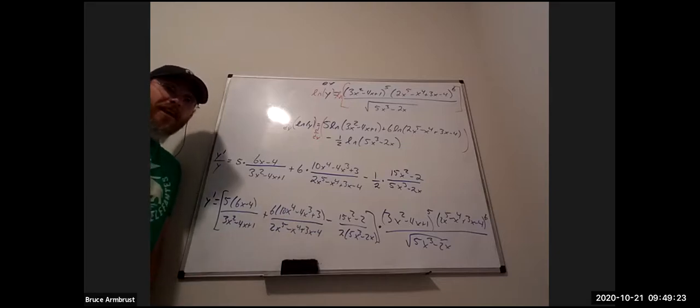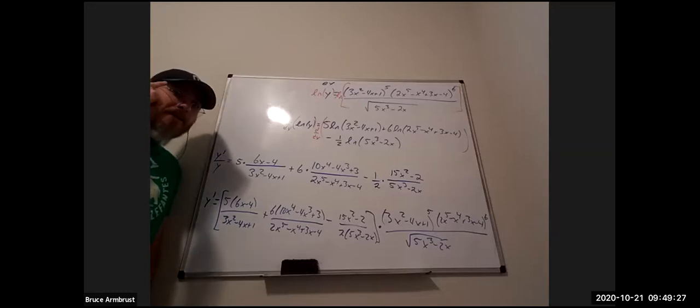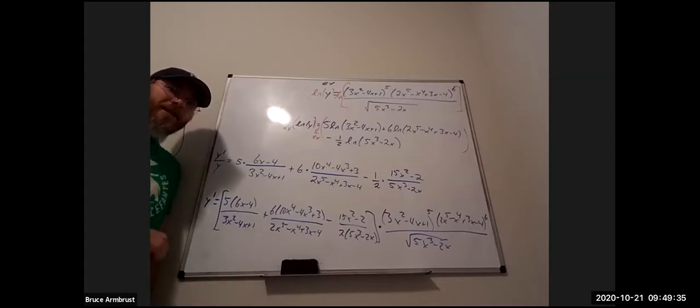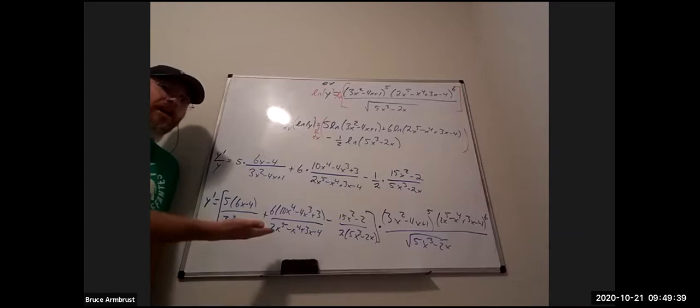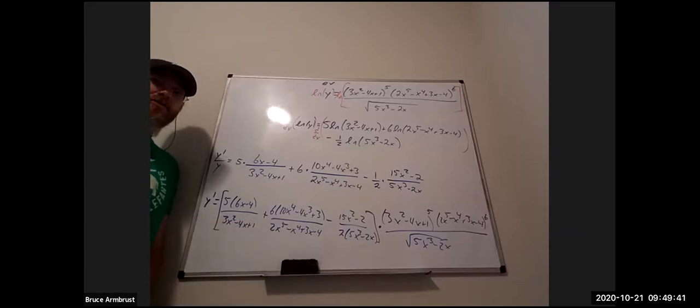Because it does. It looks horrible. But think like a mathematician. Does a mathematician care what it looks like? No. All the mathematician cares about is, can I do it? Done. I found the derivative.